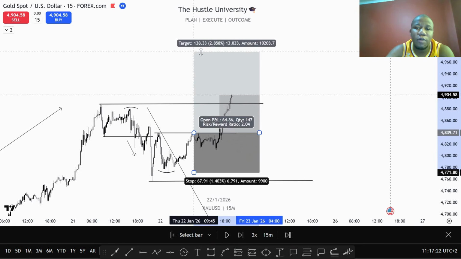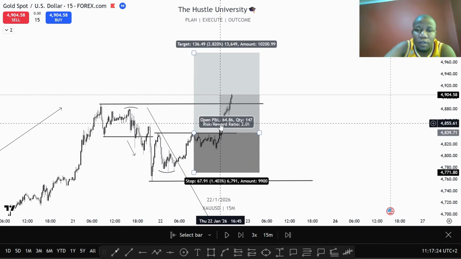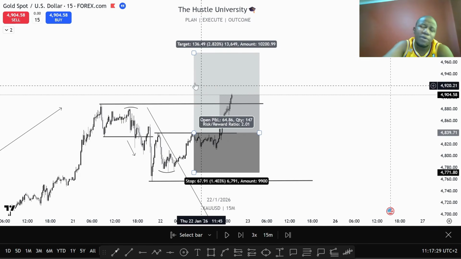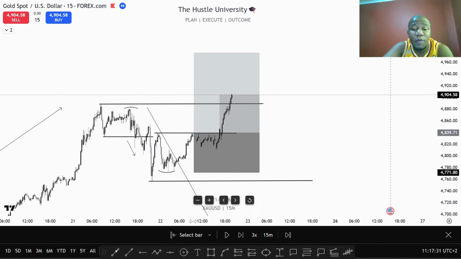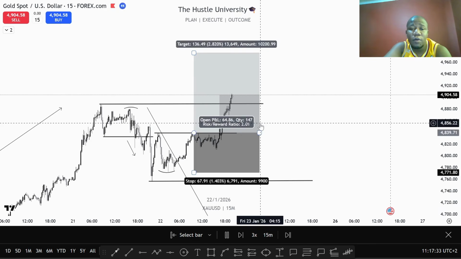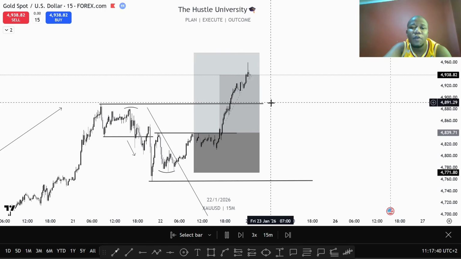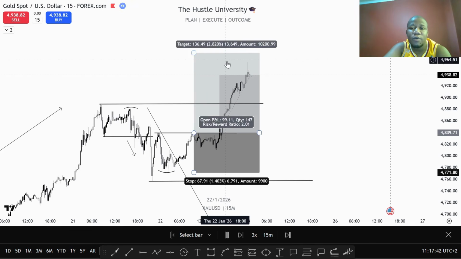Whatever you call risk to reward. Some of you call it one R, two R. So this would have been one of those entries where price eventually ends up going to the upside.